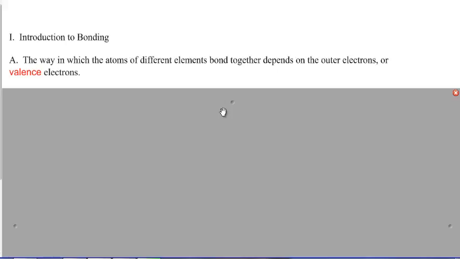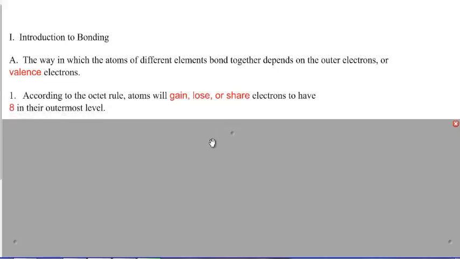Okay, so the way in which the atoms of different elements bond together depends on their outer electrons or their valence electrons. Remember, those are the electrons in the highest quantum energy level. According to the octet rule, atoms will gain, lose, or share electrons to have 8 in their outermost level.